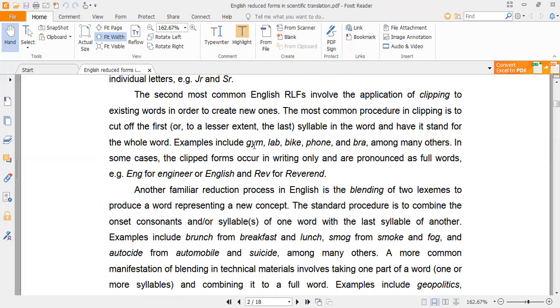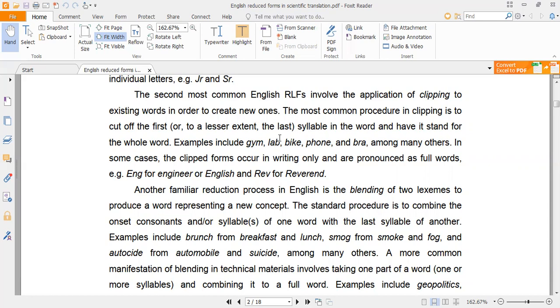It is taken from gymnasium. We take the first part, which is gym, and we use it as an identical word for gymnasium. Lab, laboratory. We take the first part and we use it to refer to the original word.